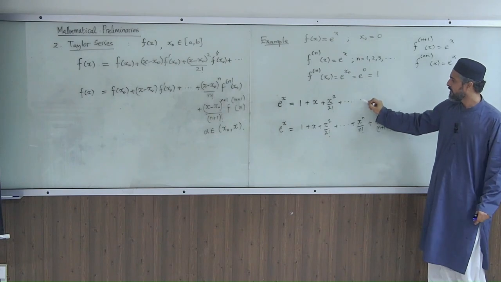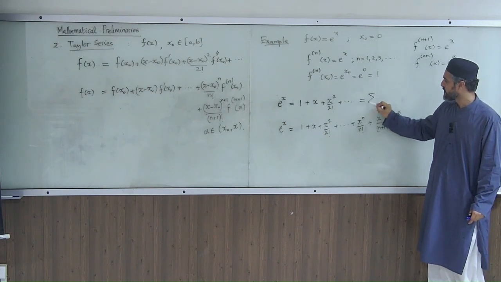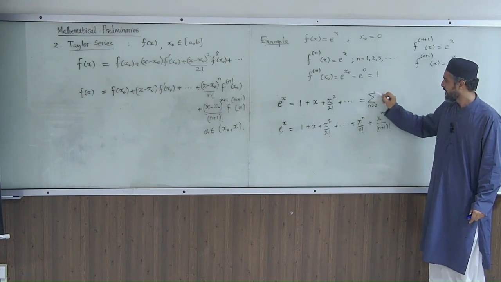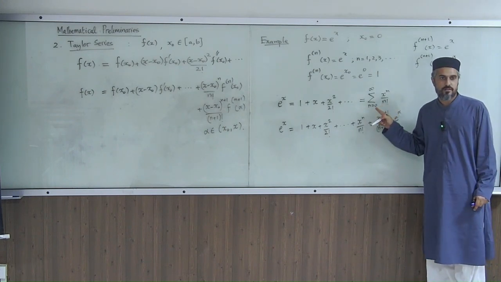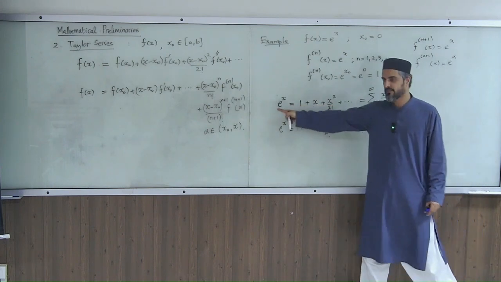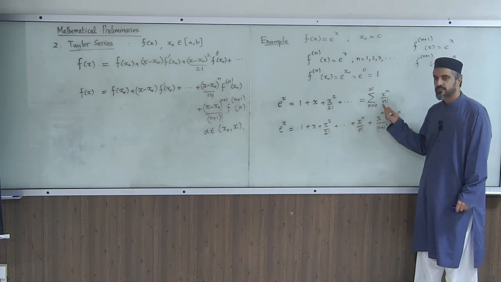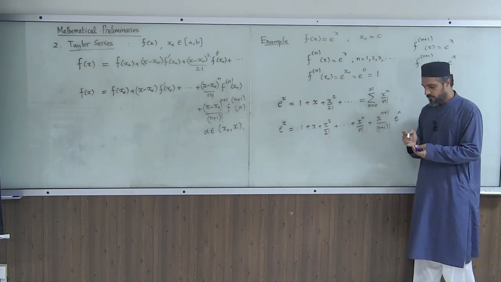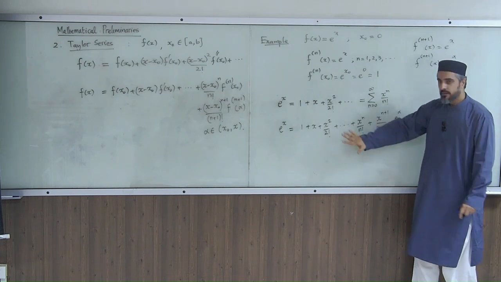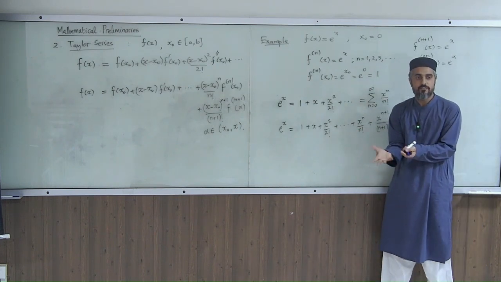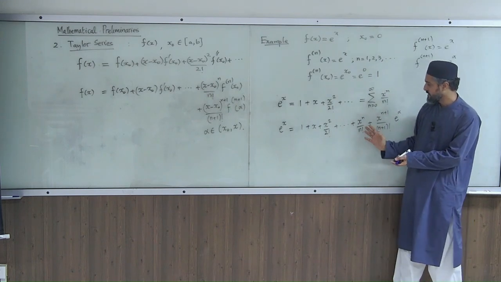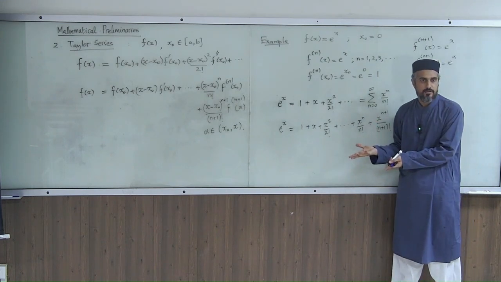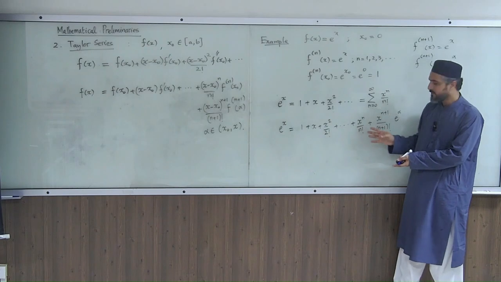By the way, probably you have seen in your previous courses x power n over n factorial, maybe as the infinite representation of e power x. So this is the series. But since we can have finitely many terms if we wish to evaluate, that's why we're just taking the n terms, for example. So we just take the n terms, and what is this?